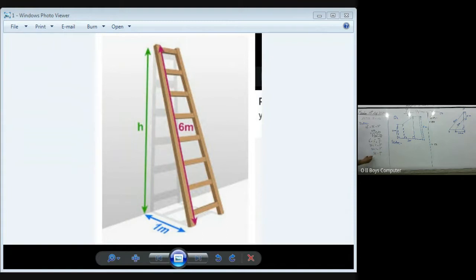In the last step, you have to take the square root on both sides, and the answer will be 5.9. Okay.